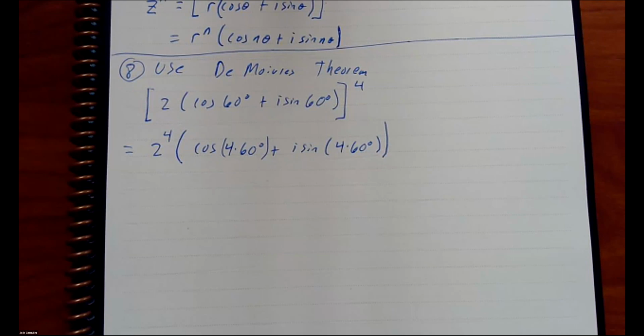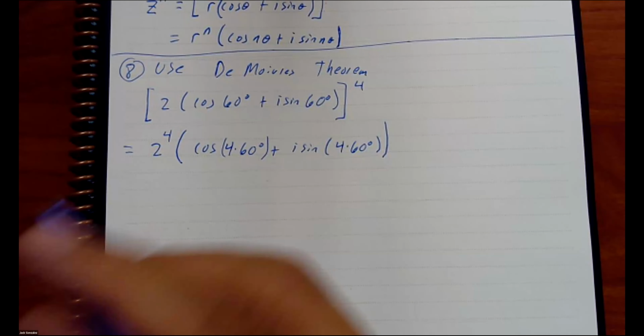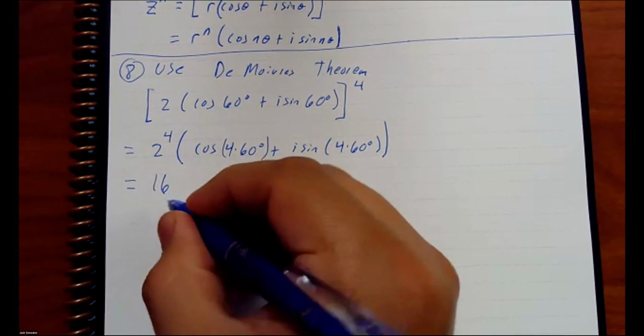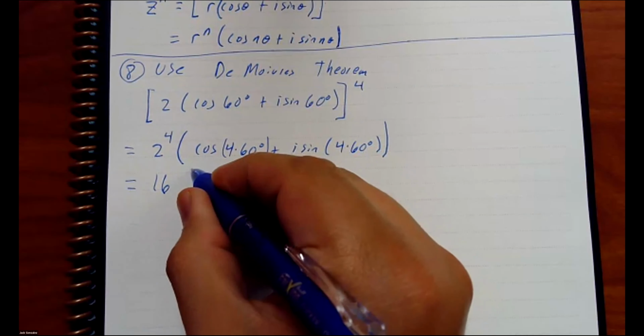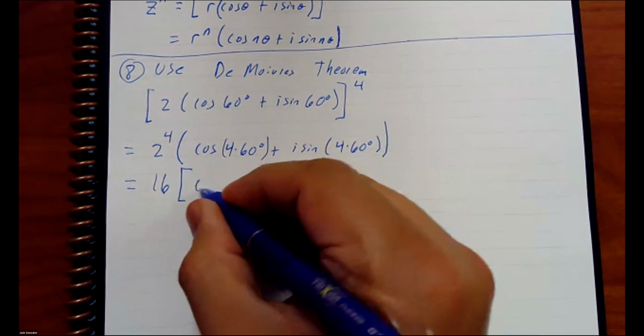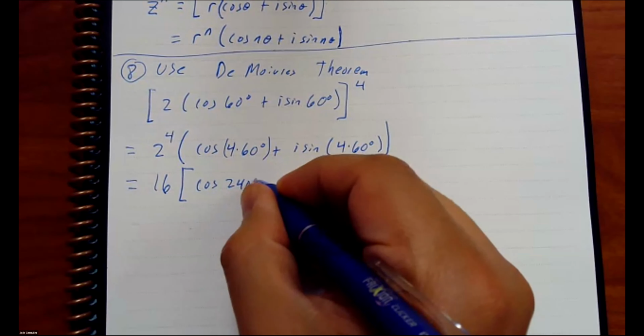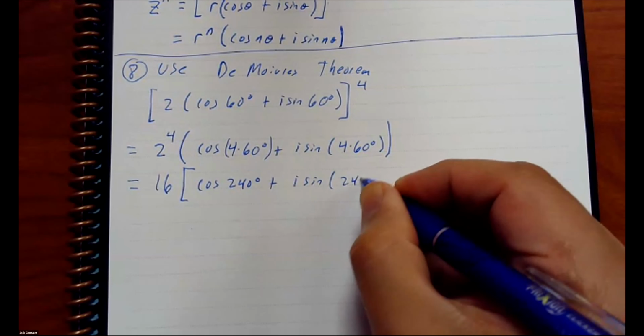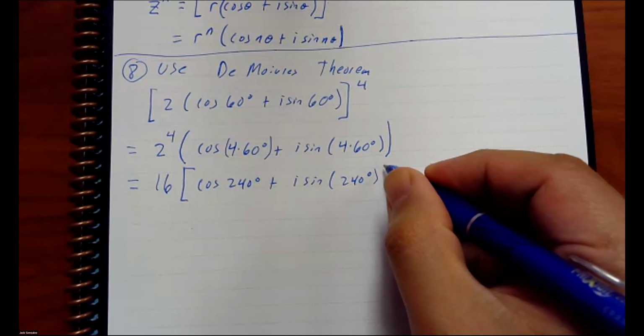Sorry, I can't see your paper. Thank you. So what's 4 times 60? 240. 2 to the 4th, that's 16, right? Cosine of 240. What is cosine of 240?